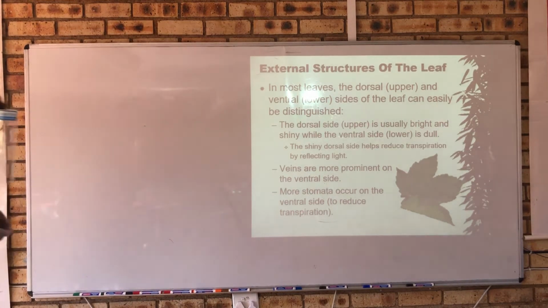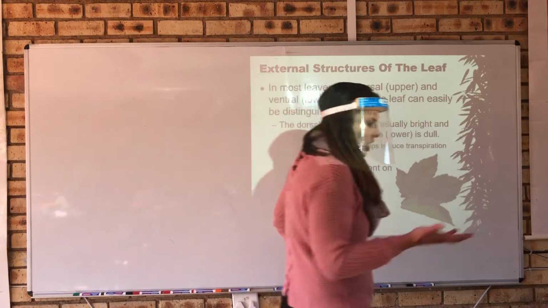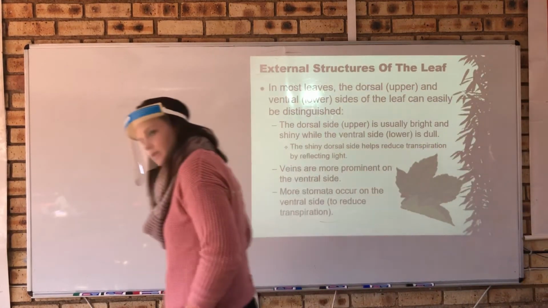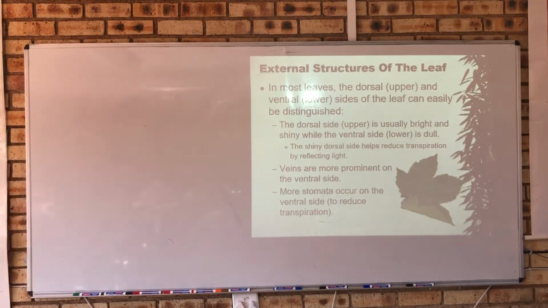Can anybody think why we have more stomata on the ventral surface as opposed to on the dorsal surface? Yes, come on, hello. Mainly the dorsal surface that has more sunlight to heat it, and then the ventral side will deal with the gas. Okay, so that's 100% correct. You just need to give me a little bit more.